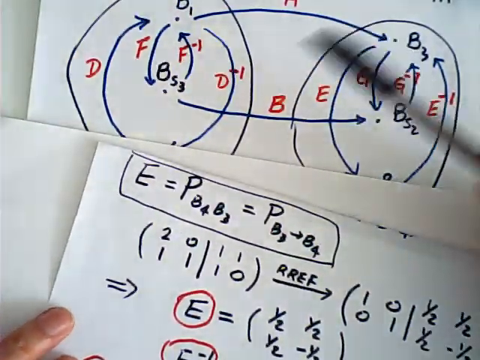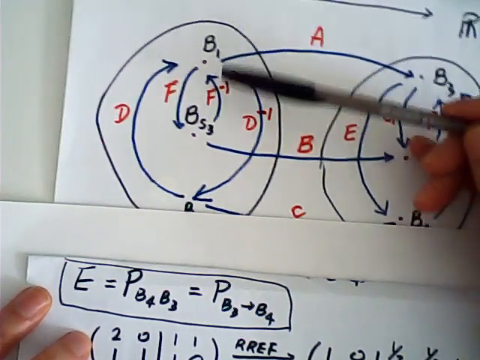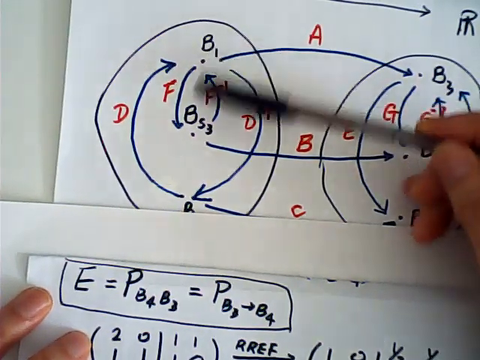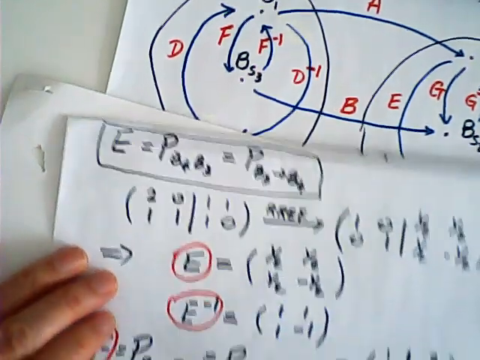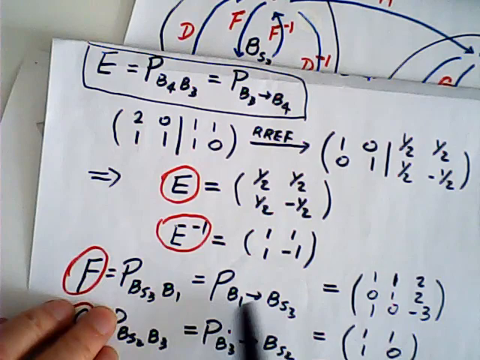And then F. What's F? F is a change of basis matrix from B1 to BS3. Okay. This is the matrix.